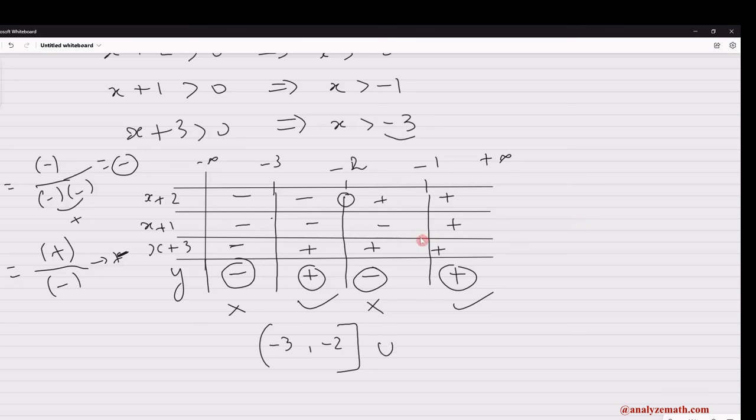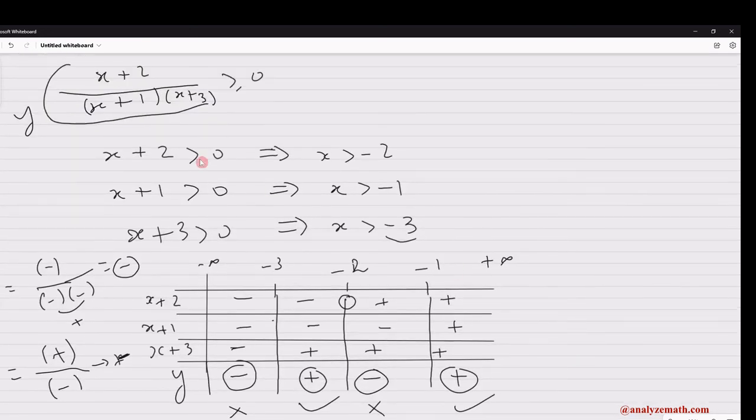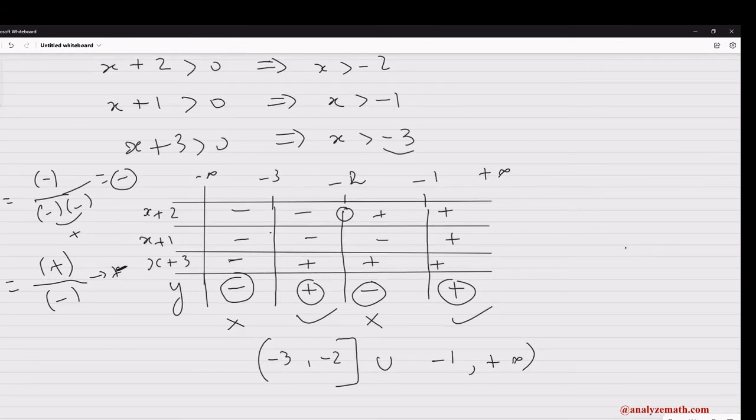Union. This here is positive, so minus 1 to plus infinity. Now plus infinity is always open. Now minus 1 makes the denominator 0. Look, x plus 1. If you put minus 1, it gives you 0. So it is not accepted, open. Now normally, let's go back to the table.